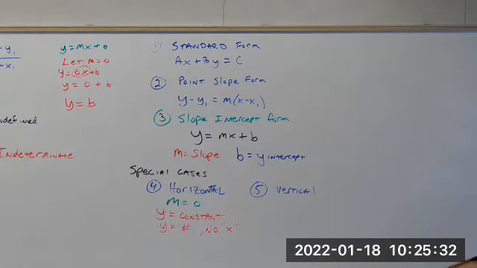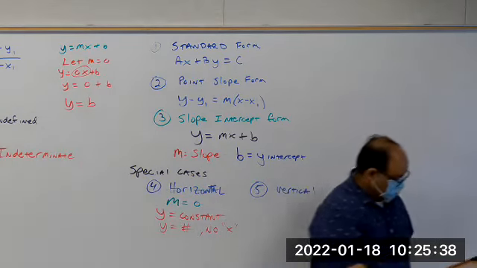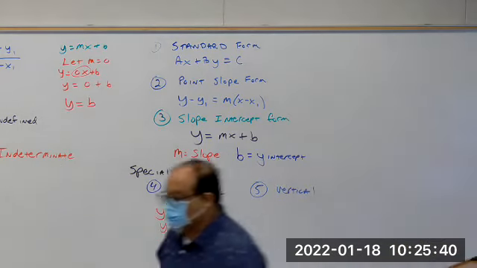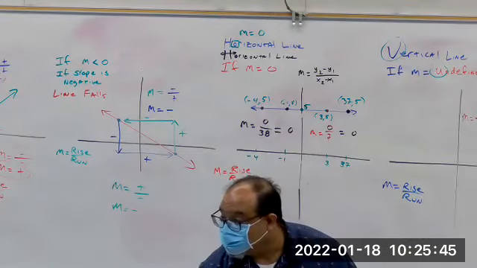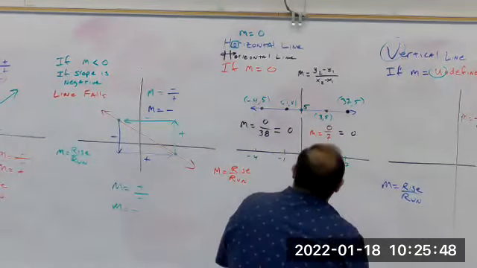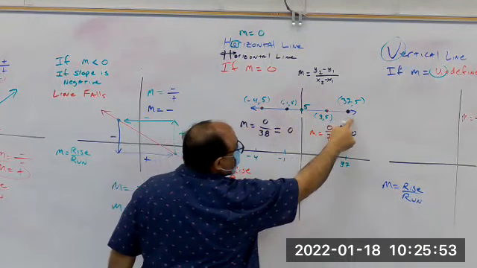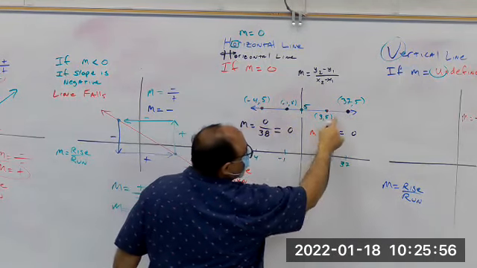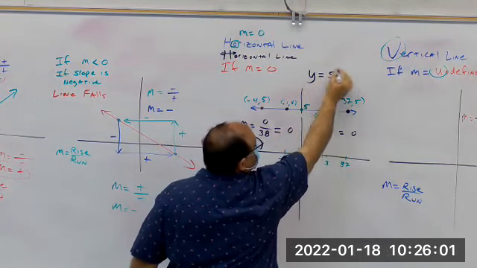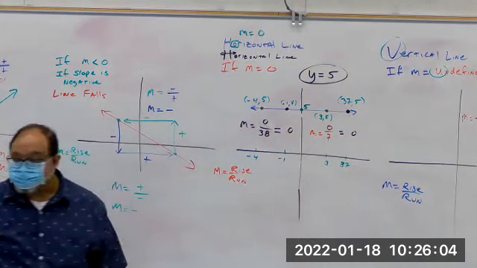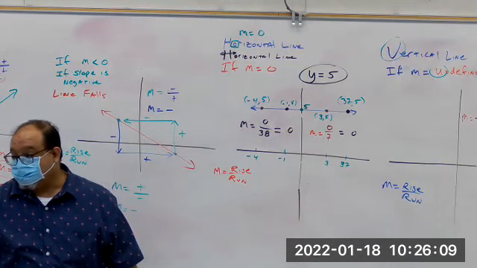For instance, for the line that I drew over here, if I was going to write the equation of this line, this y is a 5, that y is a 5, this y is a 5. The equation of this line is just y equals 5. I don't care what x is, y is always 5. That's the equation of the line.